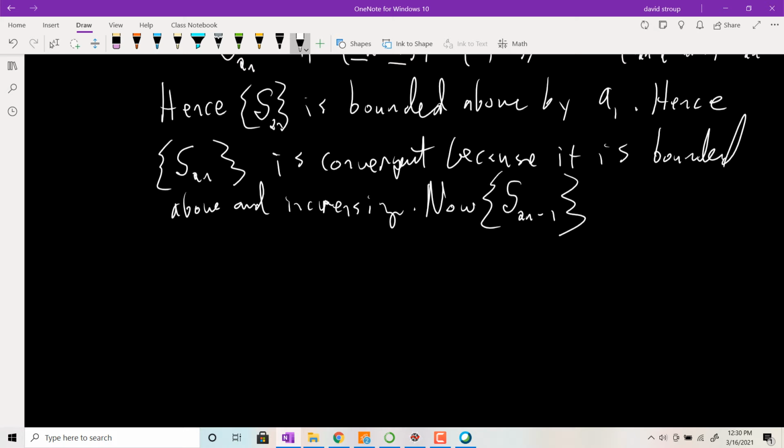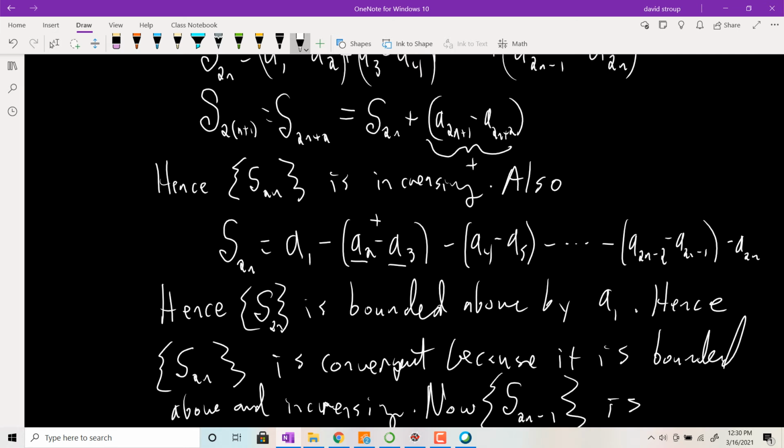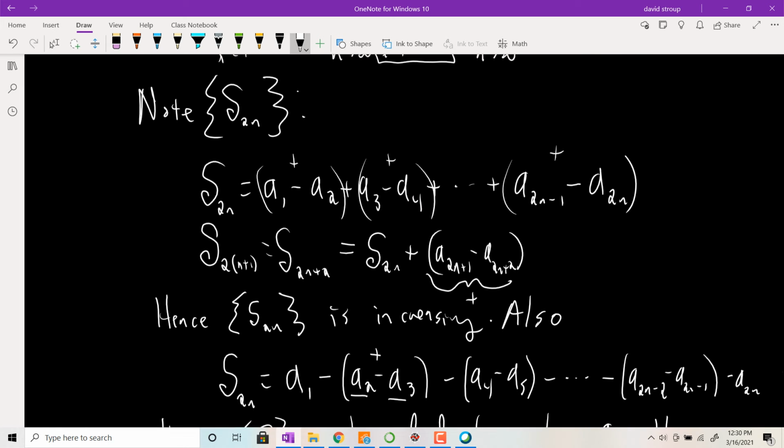Okay, so now consider this new sequence. The terms of the sequence s sub 2n minus 1 are going to be related to s sub 2n. If you look at s sub 2n, what is it?